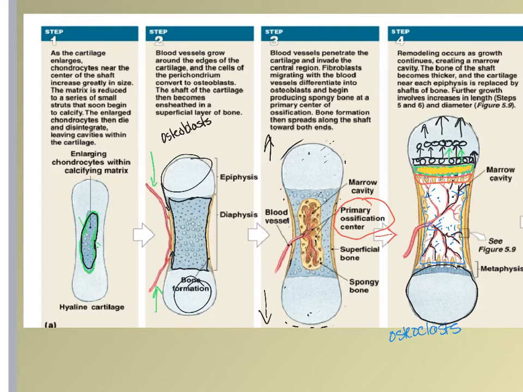So at some point, all of what was once cartilage here will eventually be turned into bone through this process. The cartilage will continue to grow, right? And so you see this advancing bone in this direction. The same thing occurs towards the other epiphysis. So you can see how bones get longer through this process.